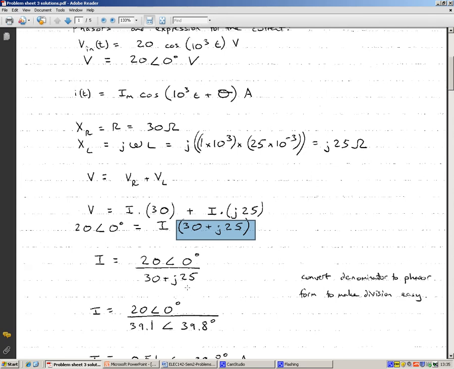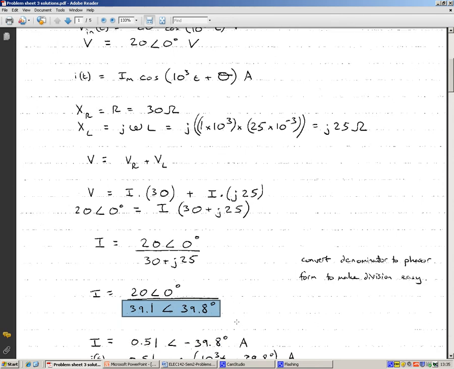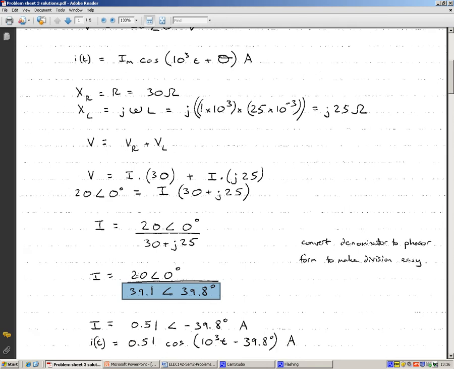Now, as we've done before, we're going to convert our denominator into phasor form to divide it. We've just put it into the calculator, and 30 plus J25 becomes 39.1 at an angle of 39.8 degrees. So once that's done, we can just divide it. To find the magnitude, it's 20 divided by 39.1, which is 0.51.